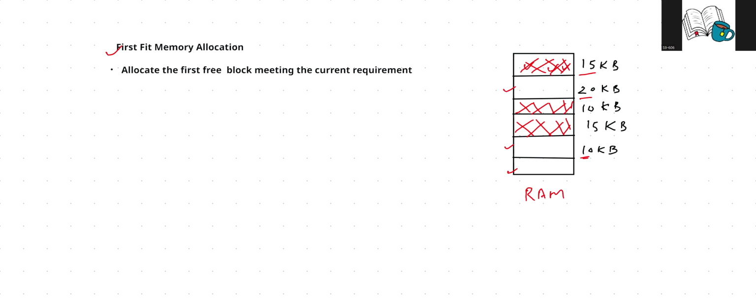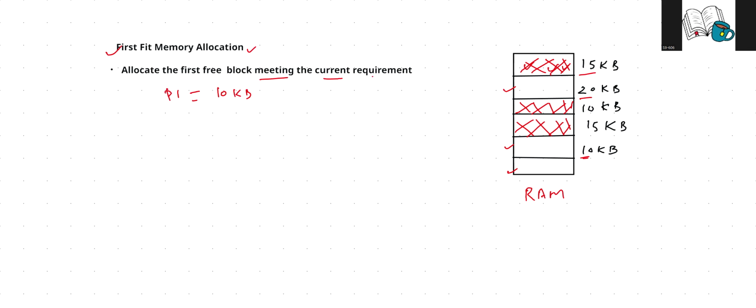Now let's assume that there is one process, let's call it process P1, and this process requires 10 KB of space for its processing. Whenever the first fit memory allocation algorithm is used, you allocate the first free block that meets the current requirement of the process.